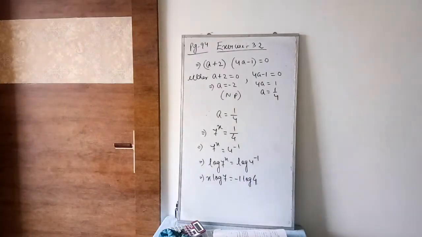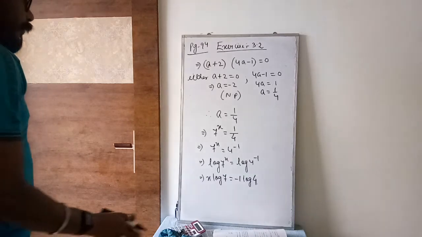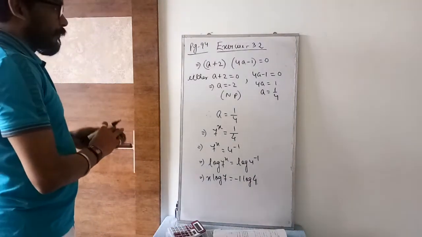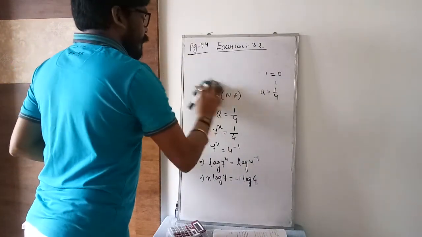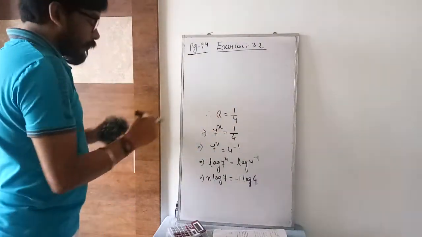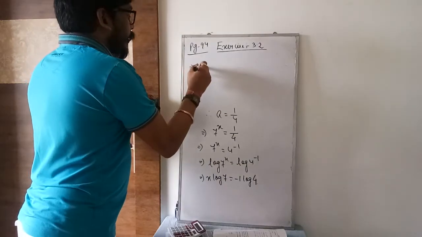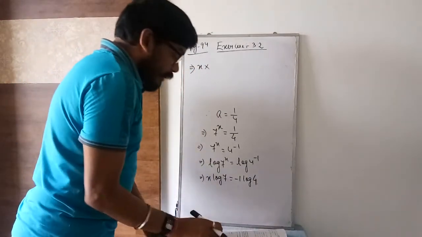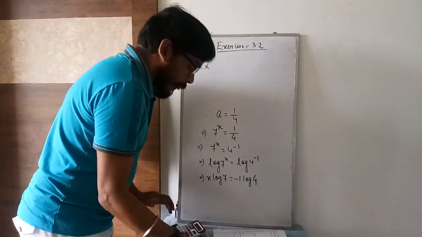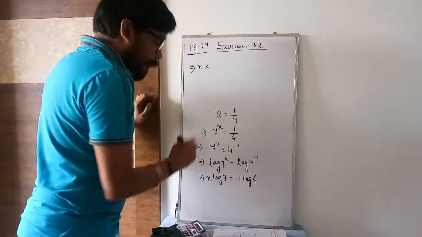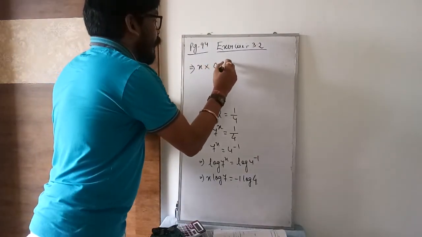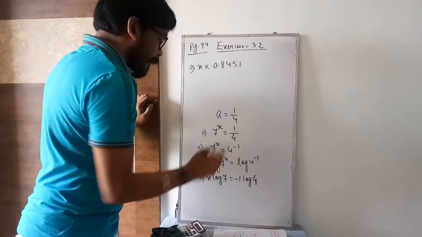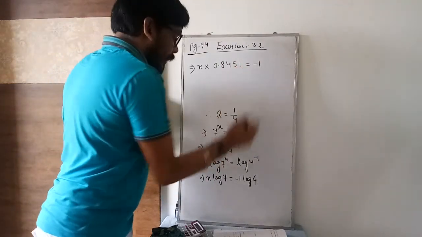So take the screenshot. Minus 1 log 4. Got it? So log 7 value is 0.8451. 0.8451 equal to minus 1 log 4.